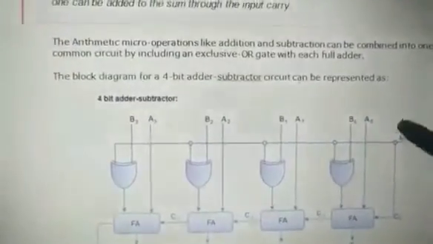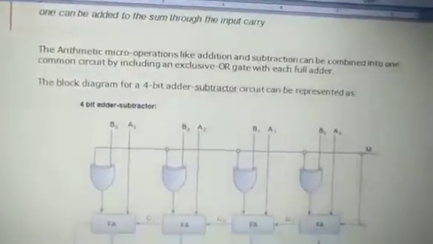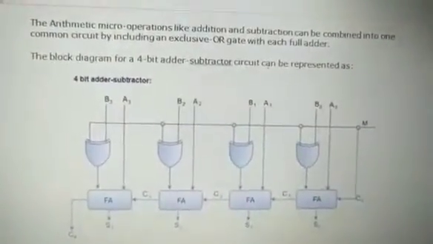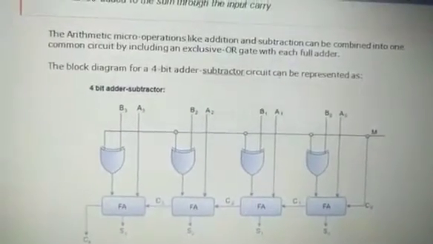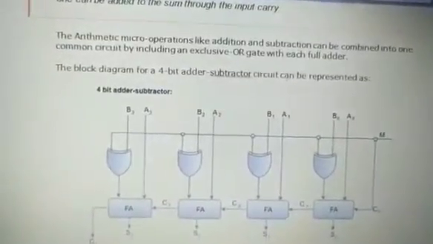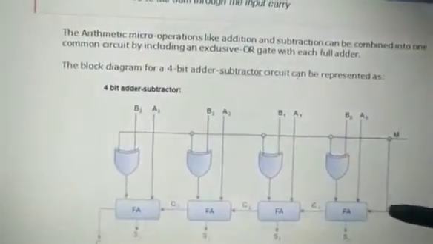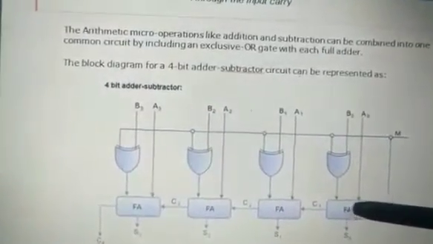Through this M control line, if you want to do subtraction, then we have to pass 1. If the control signal gets the information as 1, or high voltage, then through C0, that is the C in of the full adder, we give the 1 over here. Then what will happen?